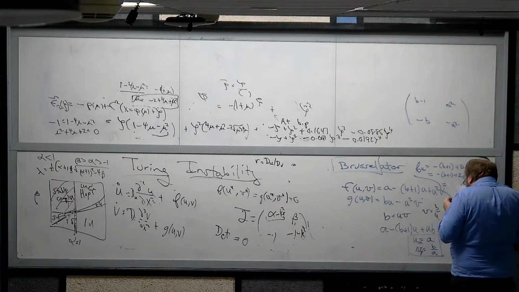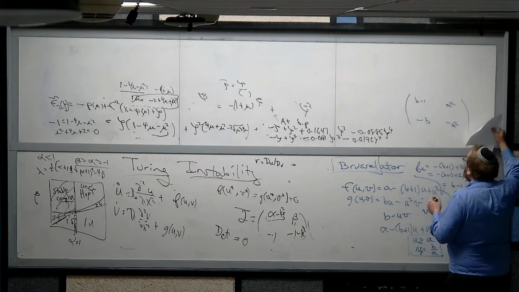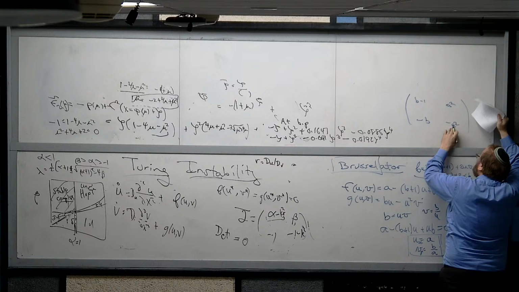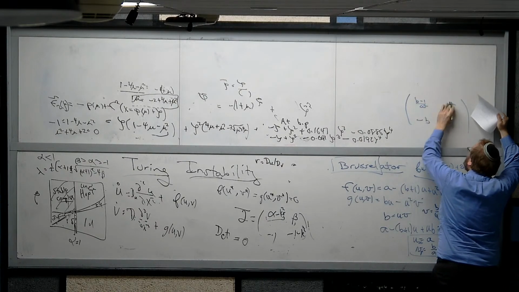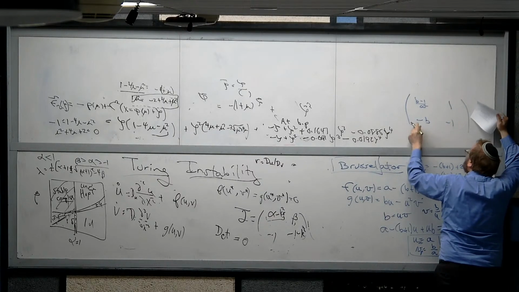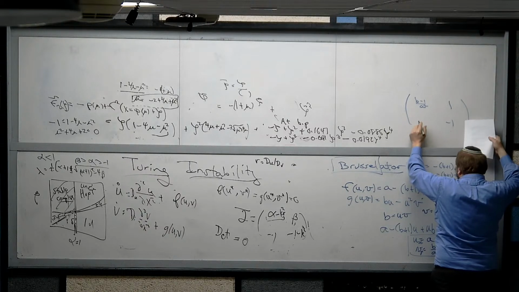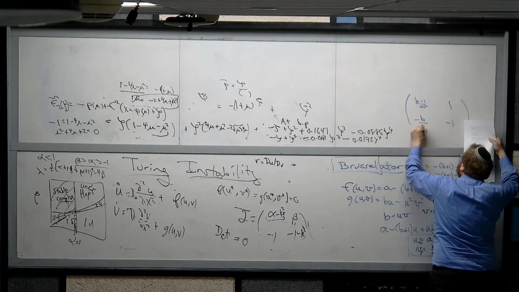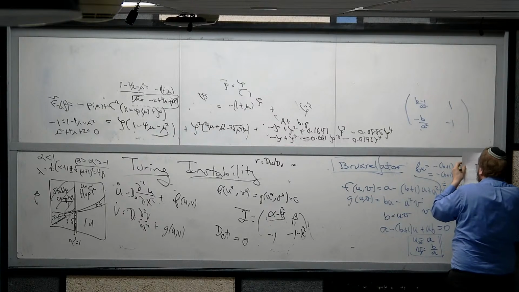Okay, A squared, minus A squared, and B minus 1. Right. Okay. So when we rescale times by A squared, we get an A squared here, a 1 here, a minus 1 here, and this was minus B over A squared.